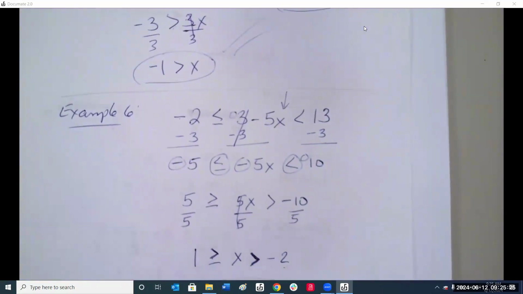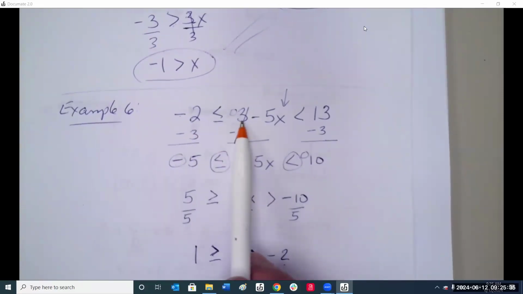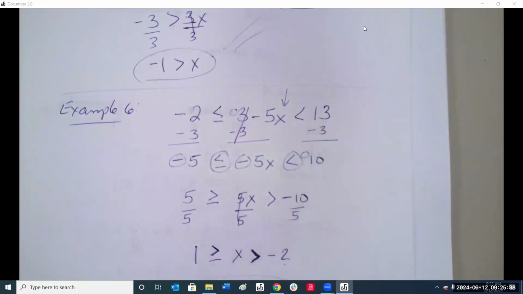Actually, how many terms do we have in this equation? 3, 4. There's 1, there's 2, there's 3, there's 4. Remember, a term is anything separated by plus, minus, or equals.